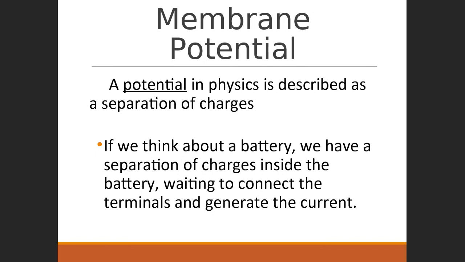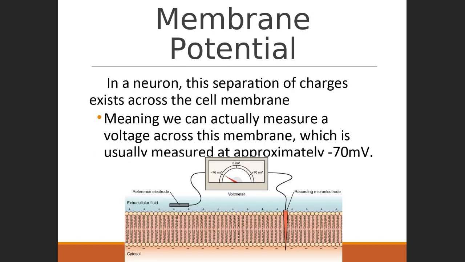We see a separation of charges across the membrane of a cell. When you would take your battery and connect the terminals with a wire, you can measure a current. If we take our cell and put electrodes, one on the outside of the cell, one on the inside of the cell, we can measure a current, just like that battery.